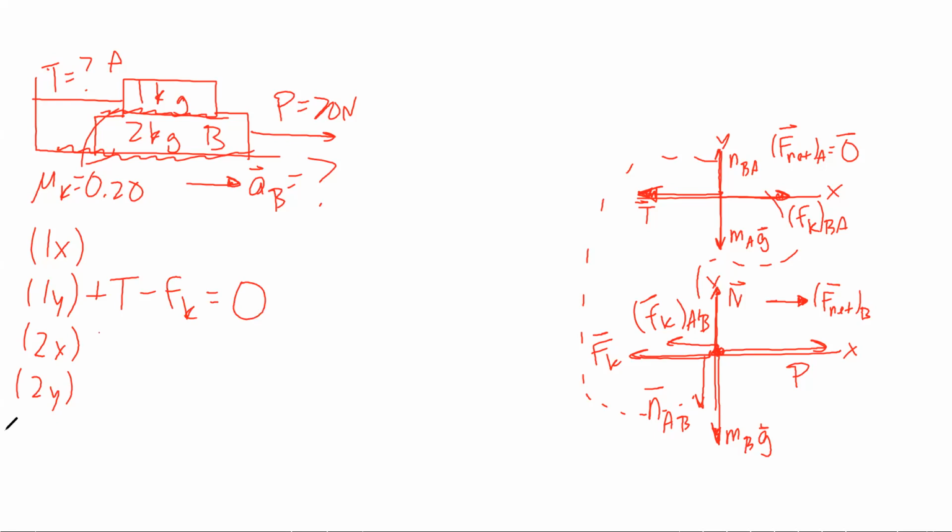And we've got for 2x, technically you could really drop the subscripts, like this is technically n, plus n sub ba minus m sub a g equals 0. I think that I could be wrong.